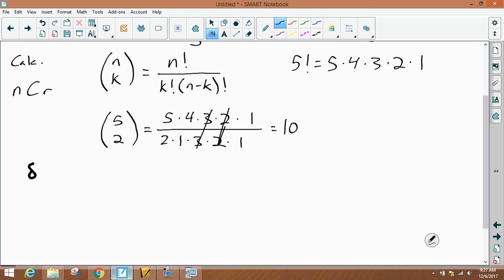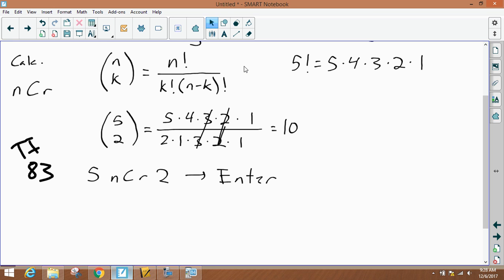For an 83 Ti, you're going to hit 5, and then you'll go to probability, and you'll have the command that says nCr, and then you'll hit 2, and then hit Enter. So you'll follow the same commands, but you have to put n in front and k at the end. So for all your calculating needs.